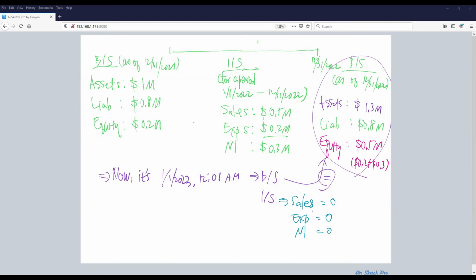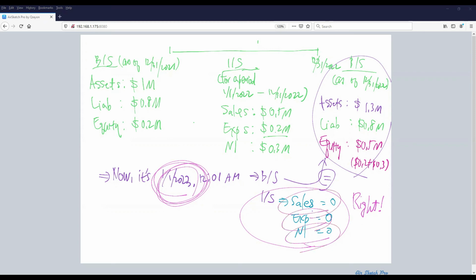What happens is, when you begin your new year, your new month, your new quarter, you need to zero out your sales, your expense, and therefore net income. You need to zero out these items, meaning they are temporary accounts, which need to be zeroed out whenever you begin a new period.